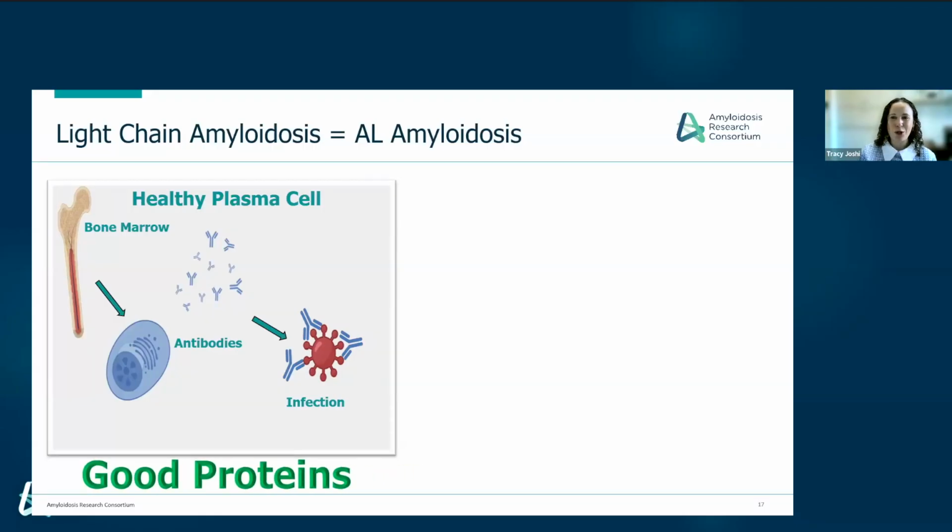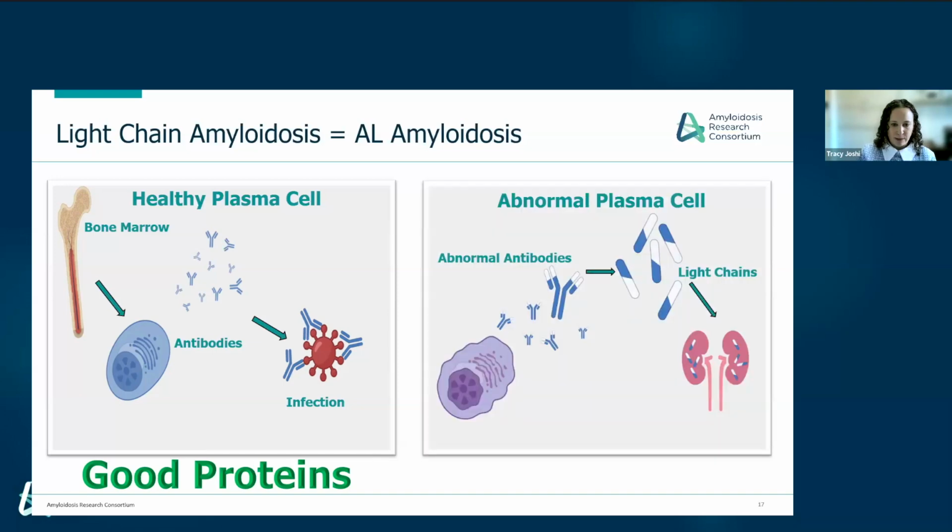Healthy plasma cells, or good proteins, produce antibodies to fight infections. They keep the immune system balanced and functioning properly. When we have abnormal plasma cells, or bad proteins, in AL amyloidosis, there is a loss of control, producing abnormal antibodies and excessive free light chains.